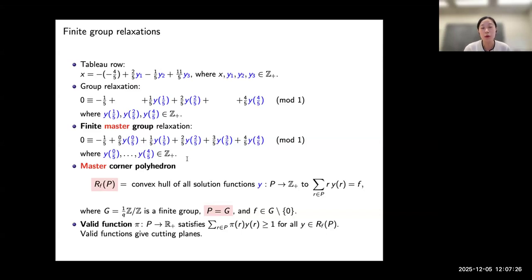We can see the tableau row is just restricting the non-appearing y's to 0. So if we are able to find a pi that works not only for the group relaxation, but also for the master group relaxation, then applying it to the current tableau will give us a valid cut. So in a sense, the master group relaxation and its cut-generating function pi is more general.